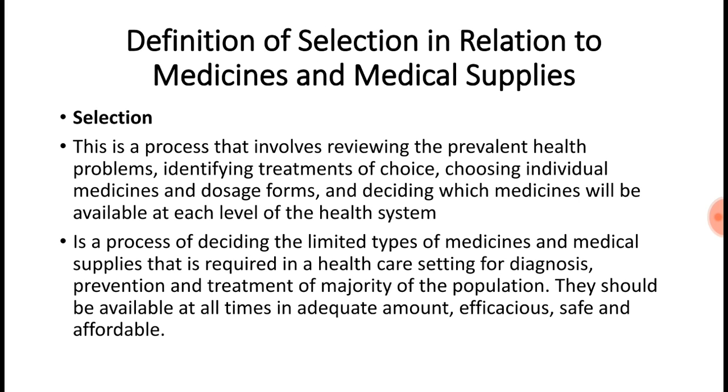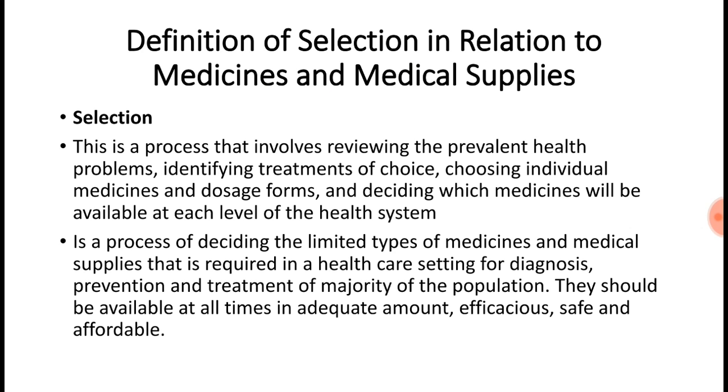Here we are going to discuss the definition. We are going to see the definition of selection in relation to medicines and medical supplies. Selection is a process that involves reviewing of prevalent health problems, identifying treatment of choice, choosing individual medicines and the dosage forms, and deciding which medicines will be available at each level of the health system.